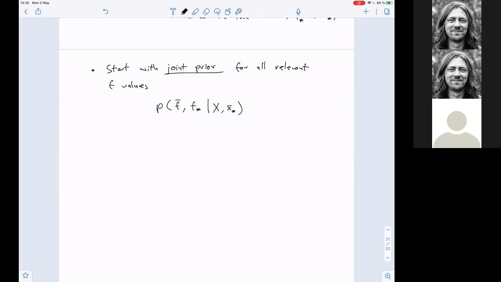And notice that this is now an n+1 dimensional PDF. F vector is n-dimensional and f star is 1 extra dimension.